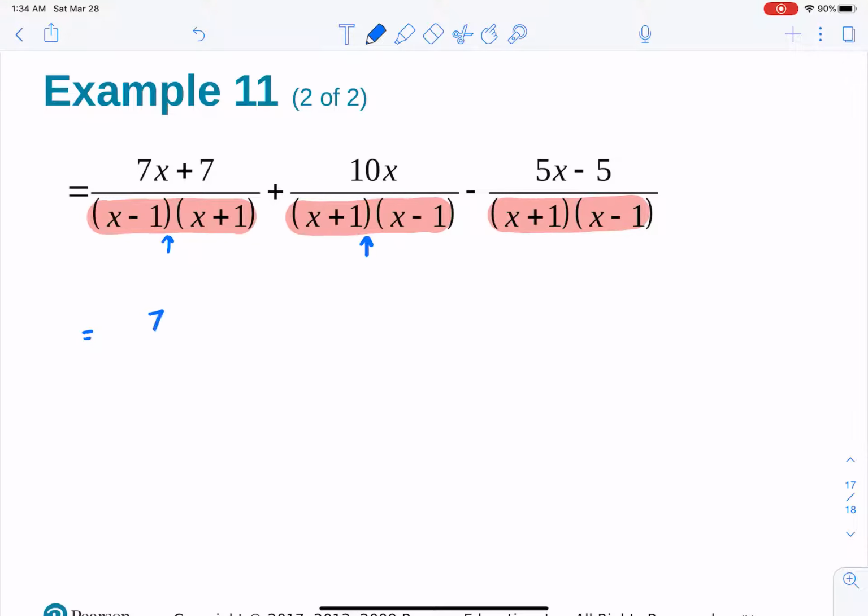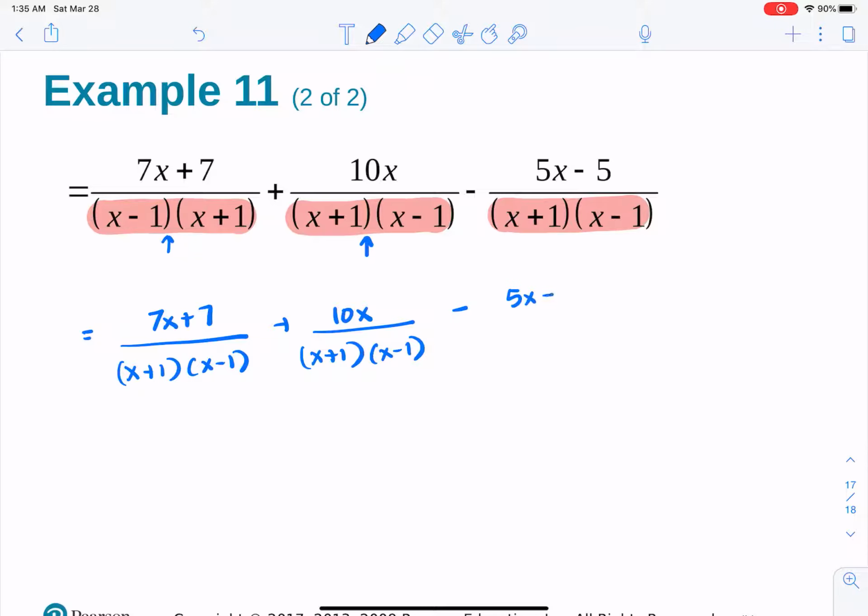So we have 7x plus 7 divided by x plus 1 times x minus 1 plus 10x divided by x plus 1 times x minus 1 minus 5x minus 5 divided by x plus 1 times x minus 1.